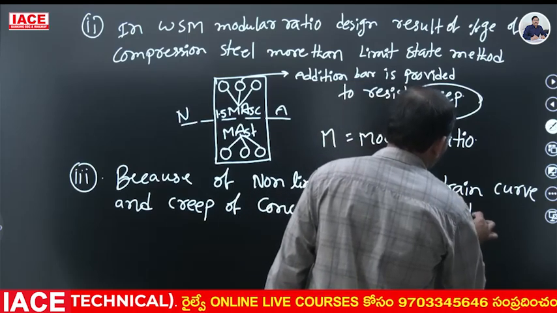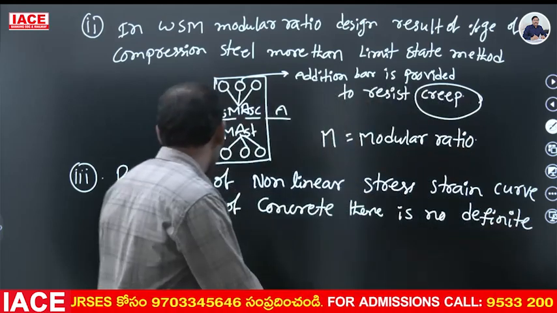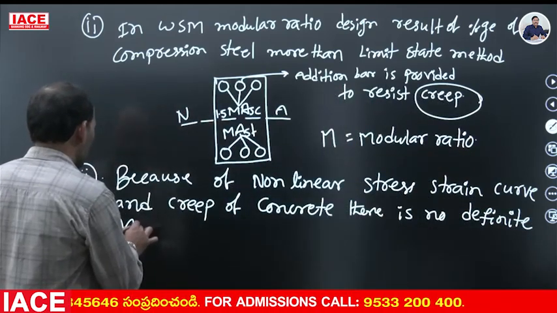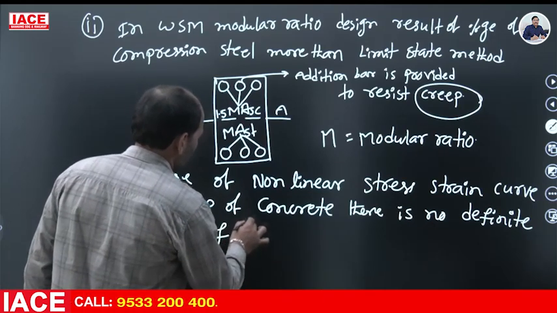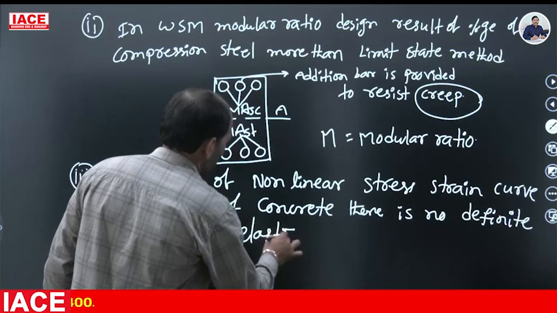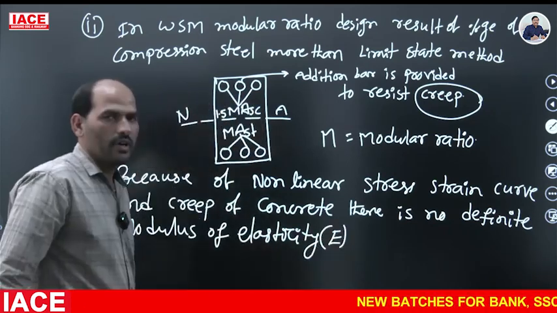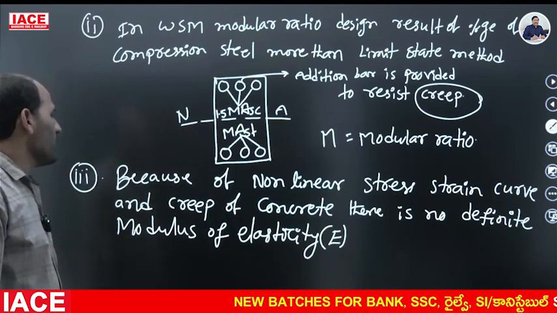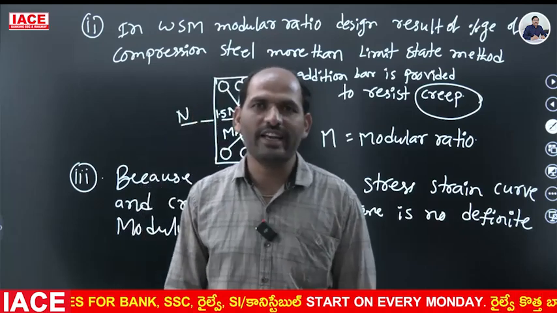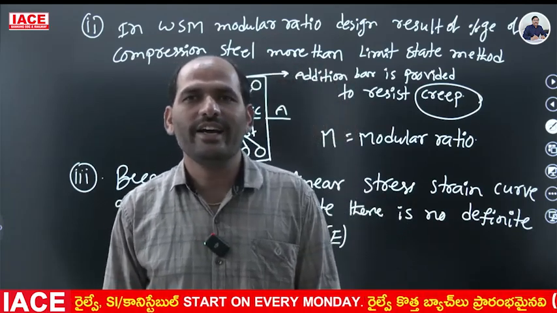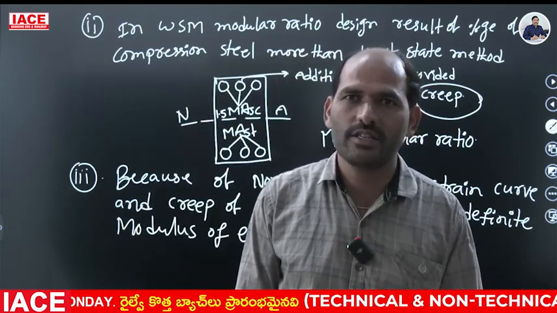no definite modulus of elasticity. So the third drawback is that because of the non-linear stress and strain curve and creep of the concrete, there is no definite modulus of elasticity.